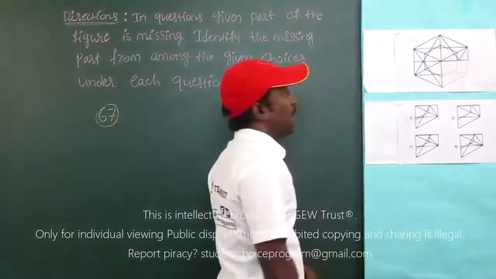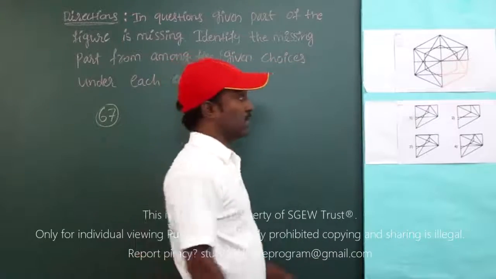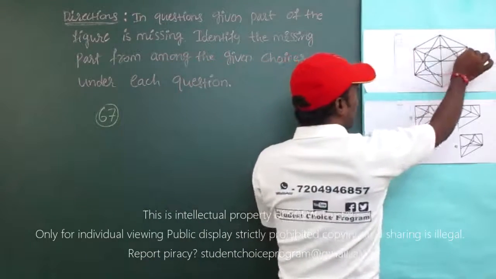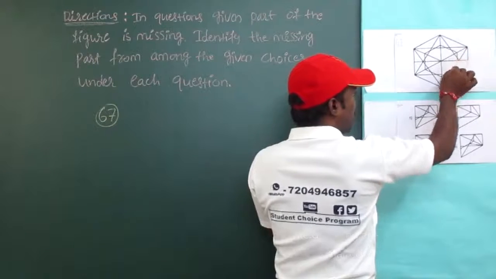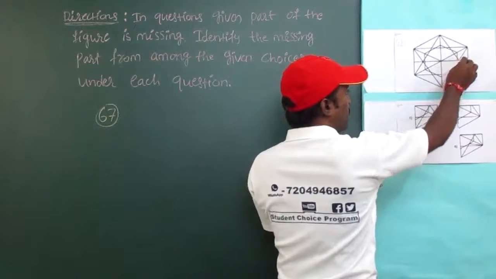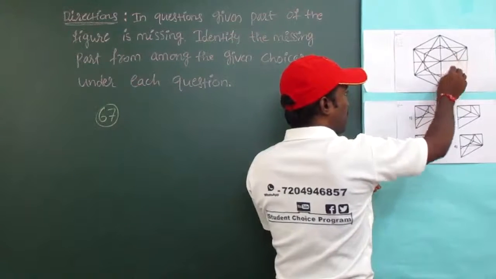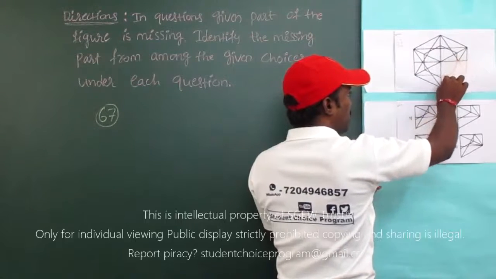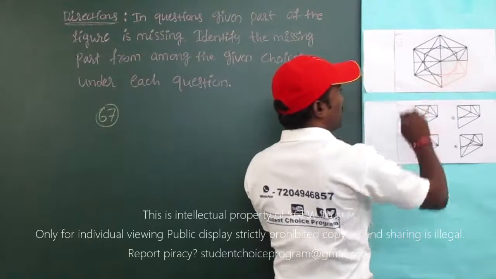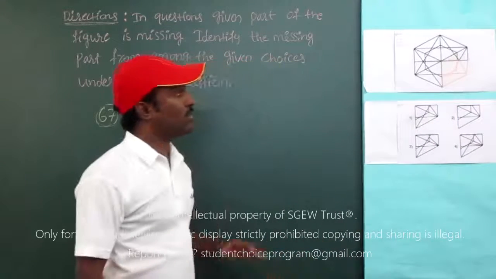Now I am having one more triangle. Yes, this triangle. That means this line has to come and meet this point. Okay, this line is meeting this point. Okay, this completes the given figure.